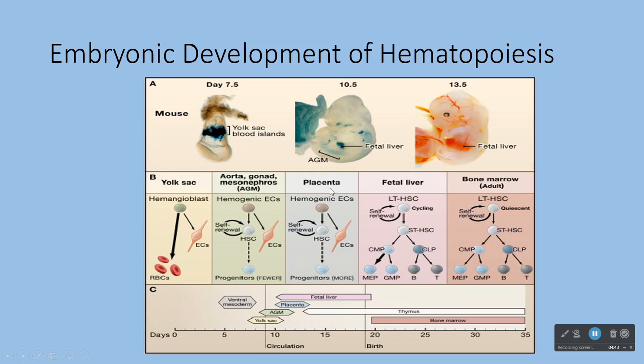Okay? Now here's a chart. Now this is a mammal. I think this is a rat or something. But mammalian development is always the same for every animal, okay? I know we don't like to talk about that, but we are an animal, okay?